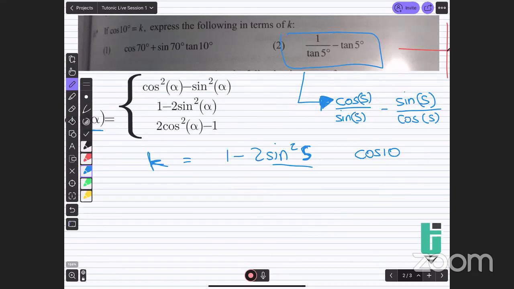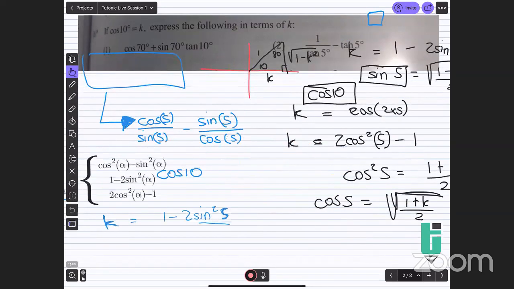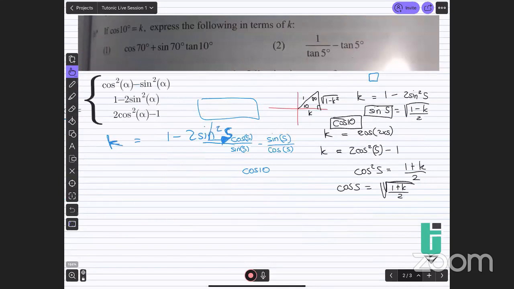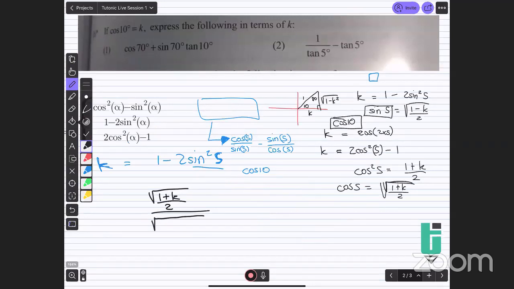So therefore, cos 5 over sine 5. These are difficult questions. This is a bit messy, yeah? So what did we say cos 5 is? Root 1 plus k over 2 over sine 5, which is root 1 minus k over 2.